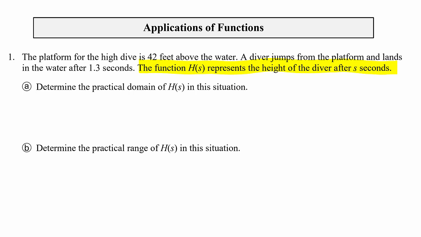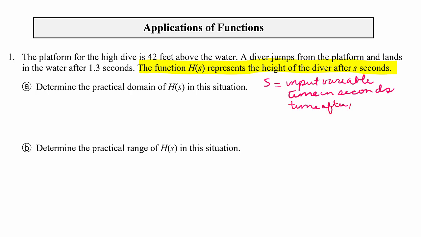We know that the name of the function is h and that the input variable is s. So let's write that down. S is the input variable, and it represents the time after the diver jumps. This is time in seconds, the time that it takes the diver to land in the water. So it's the time that the diver is falling, the time after stepping off the platform.